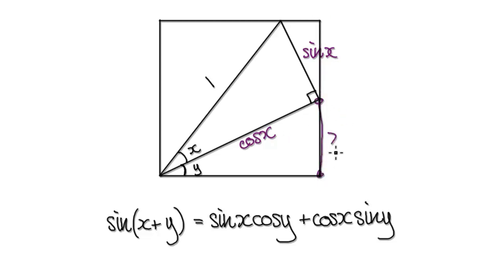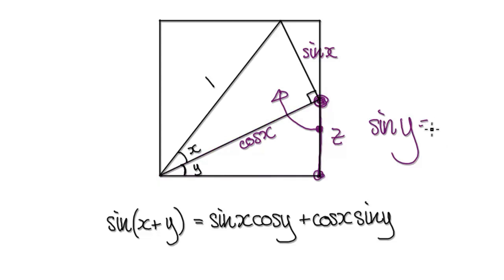Let's call this length z. This is a right angle triangle here. So let's try and work out z here. So z is from here to here. So it would be sine the angle. In this case, the angle is y, because we are looking at this triangle here.